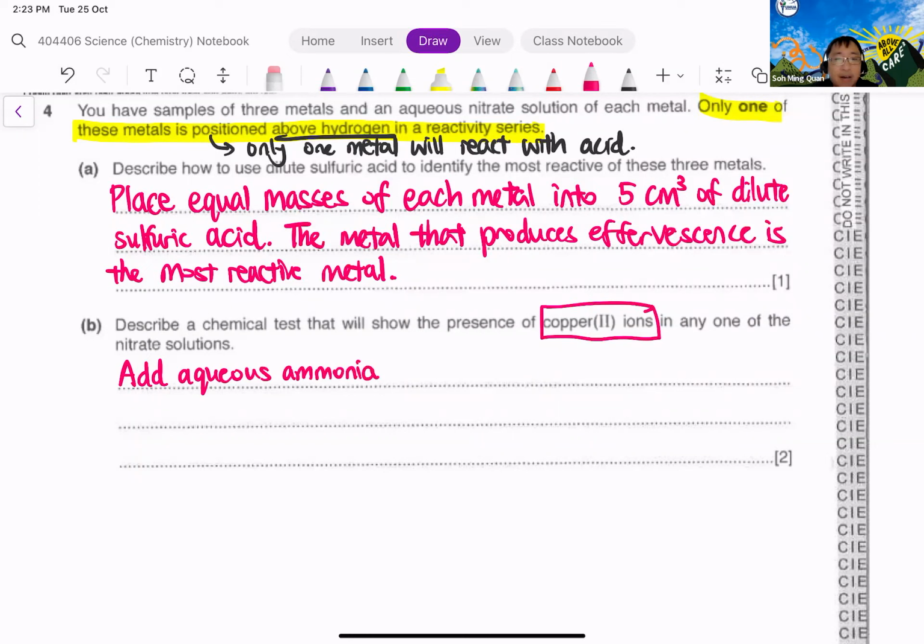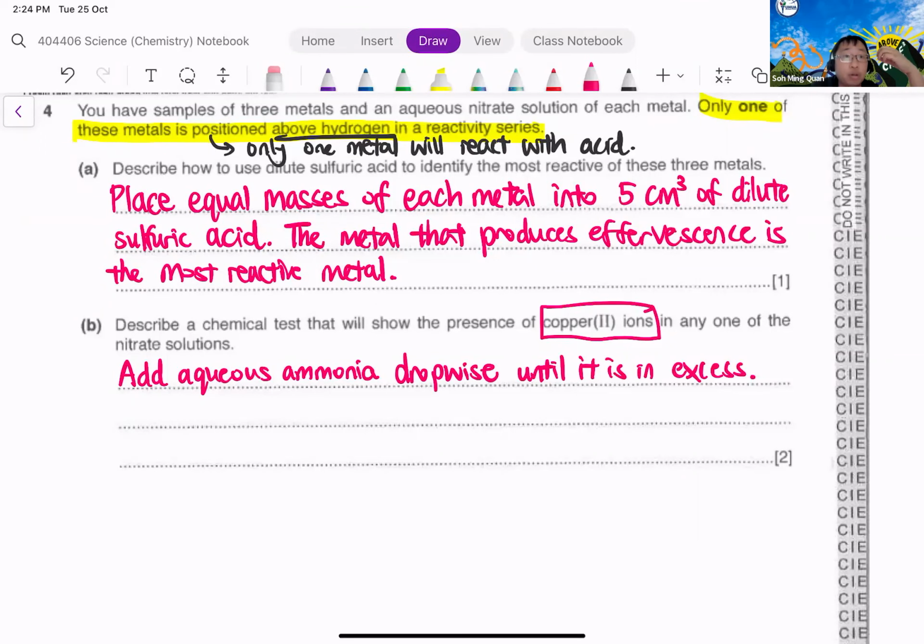However, if you just write add aqueous ammonia, no marks. Why no marks? Because when you describe a QA test, you need to be specific. You need to tell the experimenter what to do. You add aqueous ammonia drop-wise until it is in excess. This is the standard QA instructions that you see in your practical test. So you should also follow the same method.